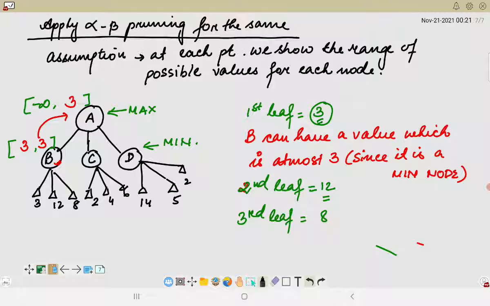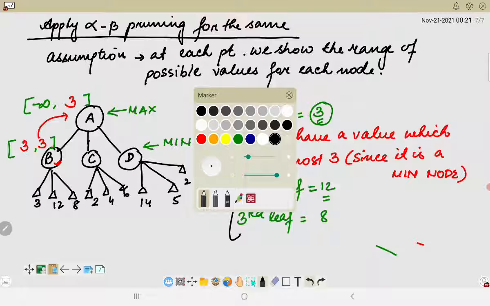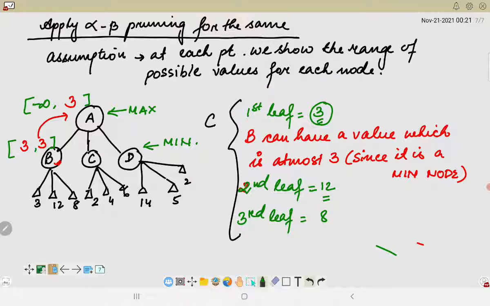Okay, now the first leaf below C. This was the condition for B. Now let us consider the condition for C. If I consider the same operation for C, what is the situation? The situation is that the first leaf below C has the value 2.